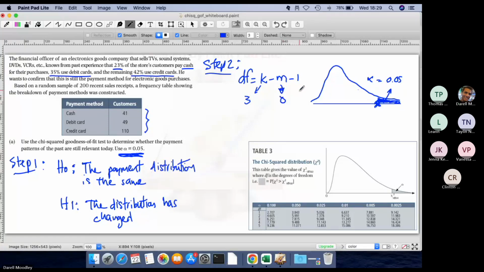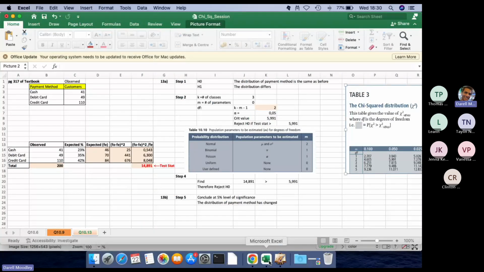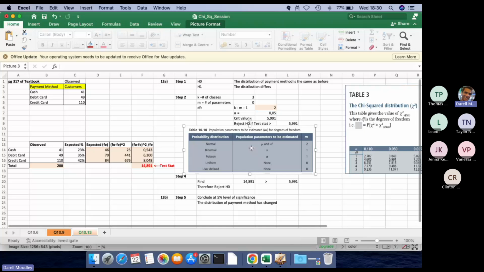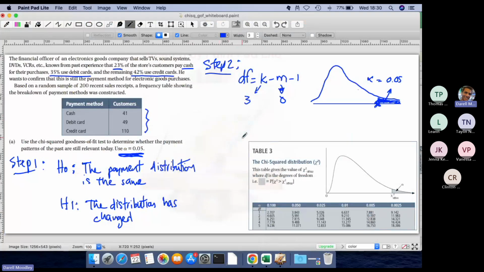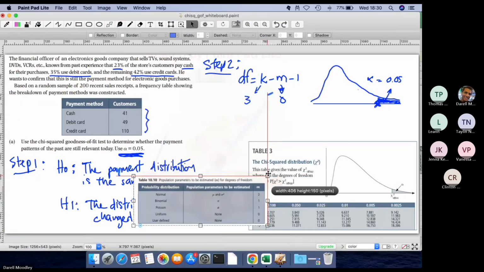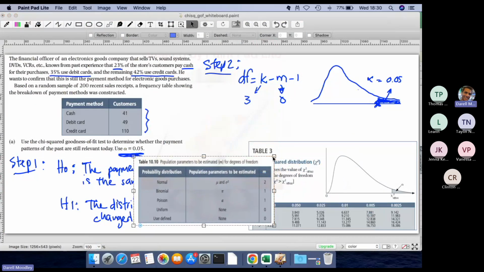So if you want me to summarize that, your textbook, on page 305, will have this table here. I'll paste it in the whiteboard. So it's on page 305, and it has this table here.